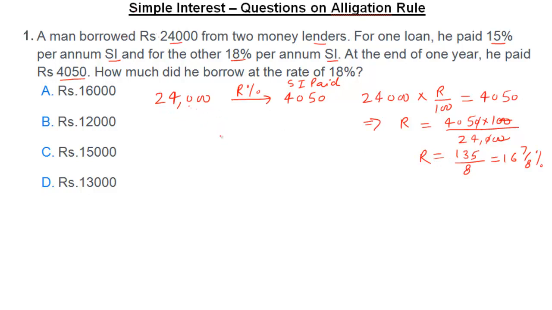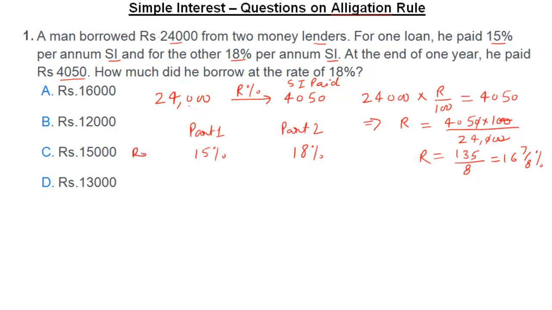So now we can apply the alligation rule, and in order to apply the alligation rule, we have to write those two parts separately in this fashion. So part 1 and part 2. Part 1 is borrowed at the rate of 15%, and part 2 is 18%.